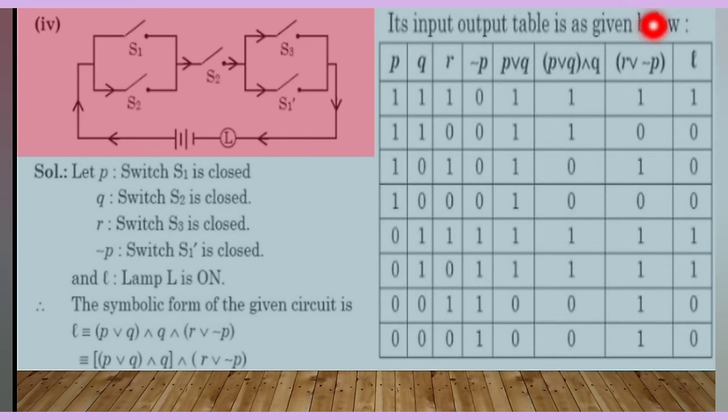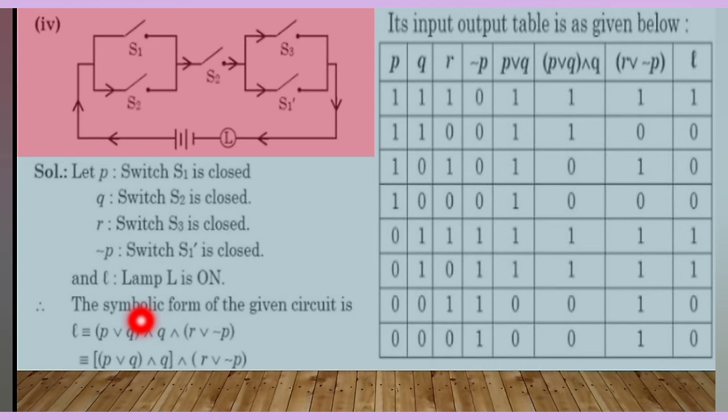This is the symbolic form of the given circuit. And the table is right here. The input output table has P, Q, R, negation P, P or Q. This is P or Q. Then again write this bracket, P or Q and R. Second column, sorry, second row, see here.